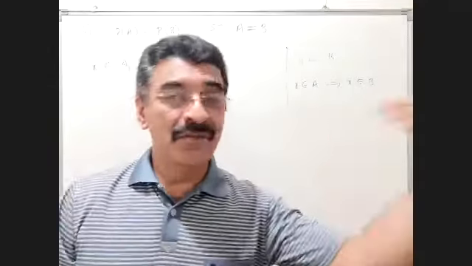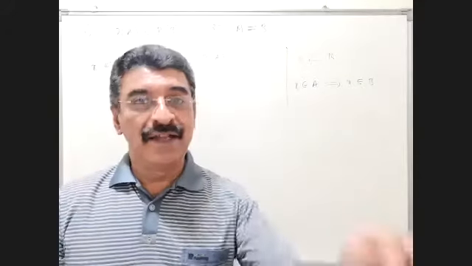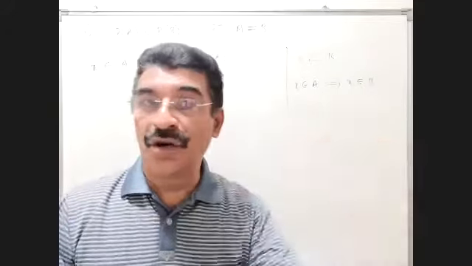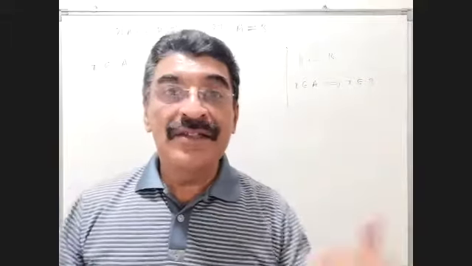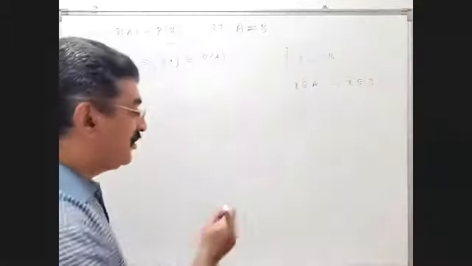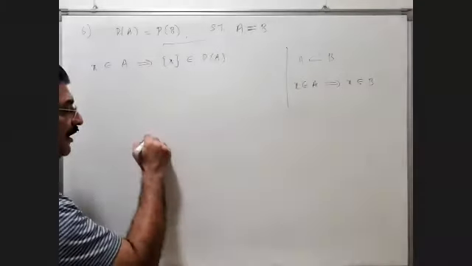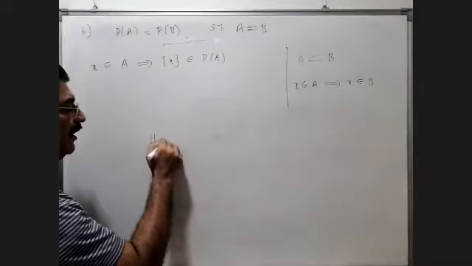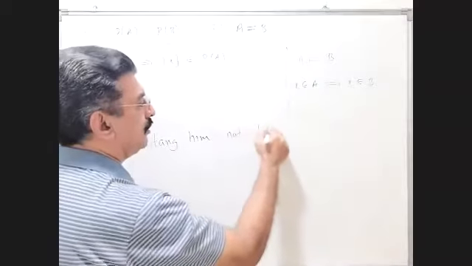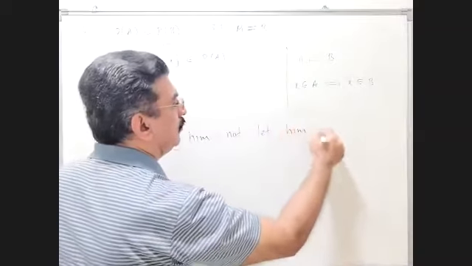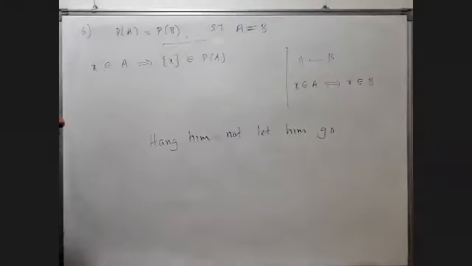At the same time, the other one said that at the time of the murder he was not there at all, he was abroad. He produced the passport, the ticket, everything. At last, the judge was confused. The judge wrote the verdict: hang him not, let him go.